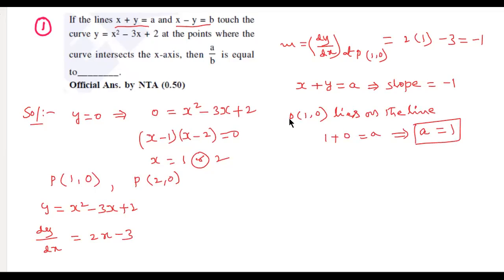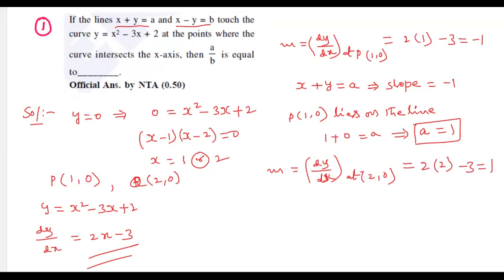Next, slope of tangent dy by dx at point Q. What is the Q point? This is Q, 2 comma 0. Substitute here: 2 into 2 minus 3, that should be 1. Another line given, x minus y is equal to b.